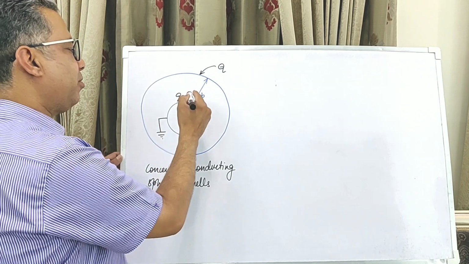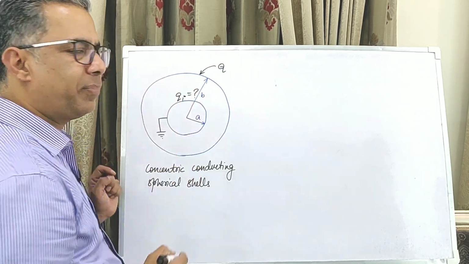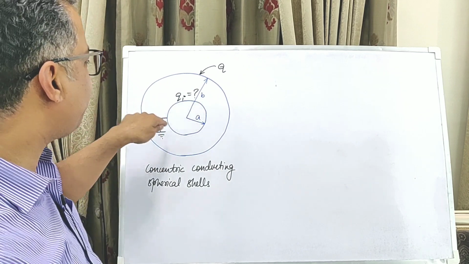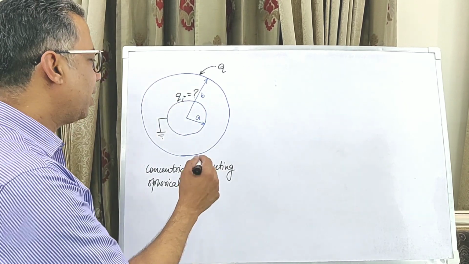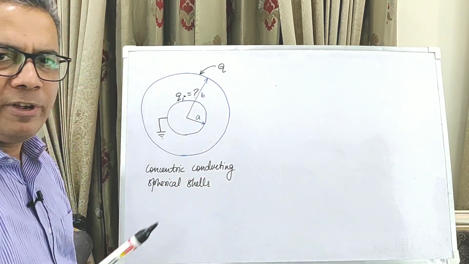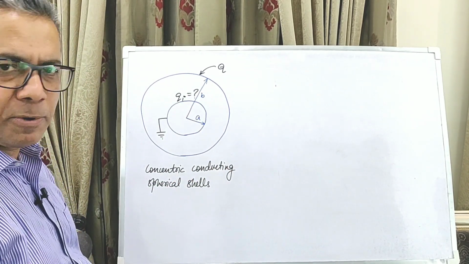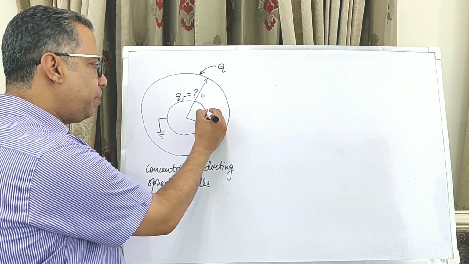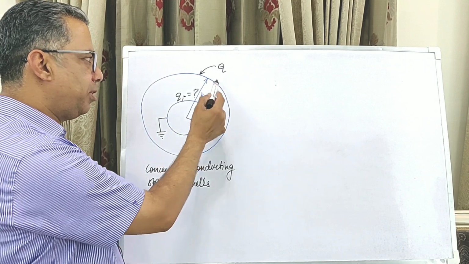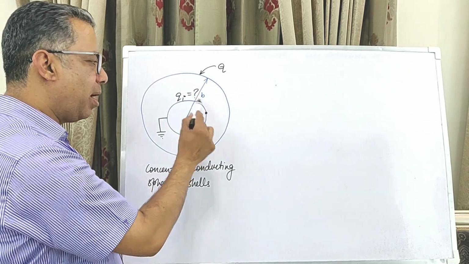Now we are interested in actually calculating this Qi, the charge which now appears on this conductor. To make the calculations for Qi, we'll be using the concepts of potential. Now at this point here, let's calculate the net potential due to this Q as well as this Qi.